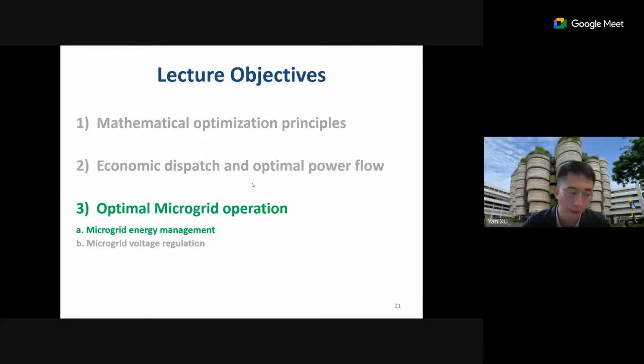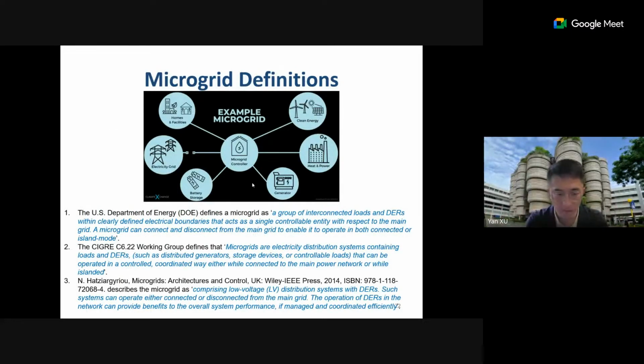So the microgrid as a whole can support the main grid's operation by providing ancillary service. Remember, in the Energy Internet, when I introduced the REIDS project in Singapore, the final objective is to connect the microgrid system to the main grid, then participate in the electricity market.